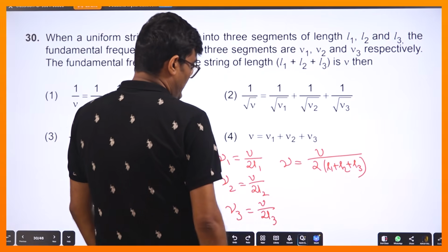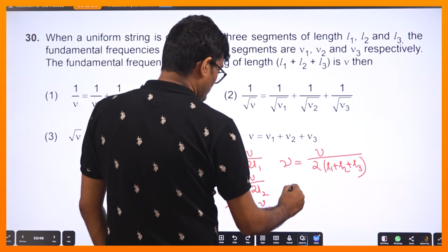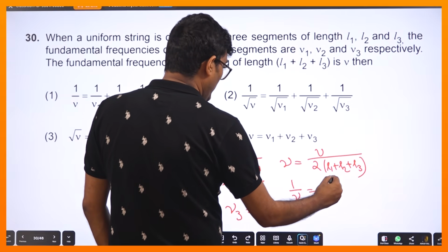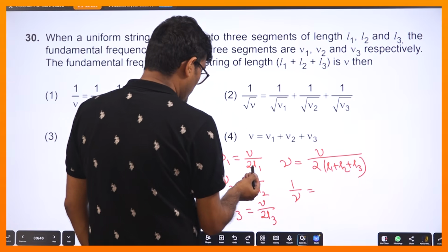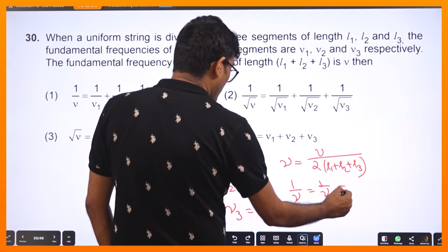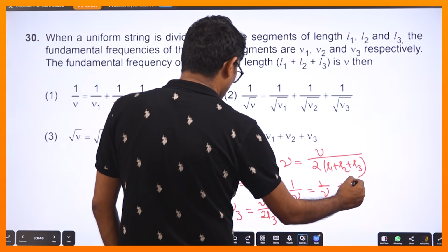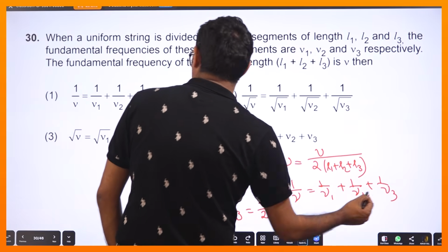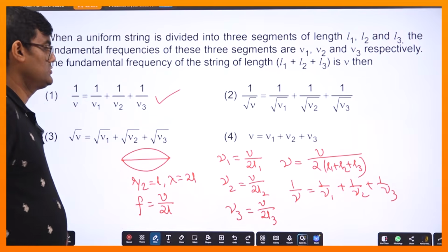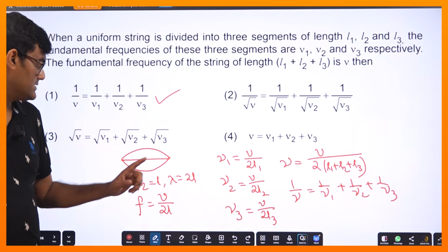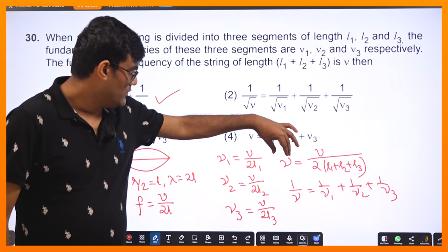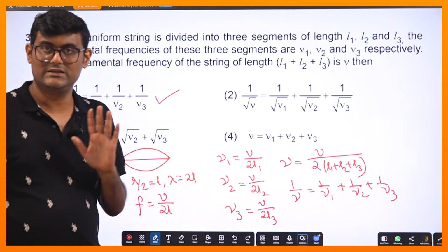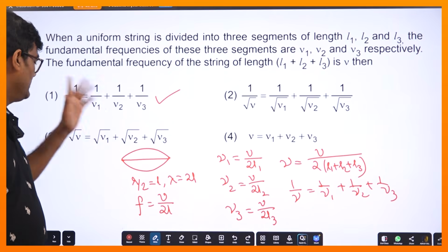So what I can say is that 1 by nu is equal to 2 L1 by V plus 2 L2 by V plus 2 L3 by V, which is 1 by nu1 plus 1 by nu2 plus 1 by nu3. I think option 1 is the correct choice for this question. Have you understood, students? The new value of the frequency is equal to V divided by 2 into total length, and individual frequencies are these. So if you modify them, you will get this equation.